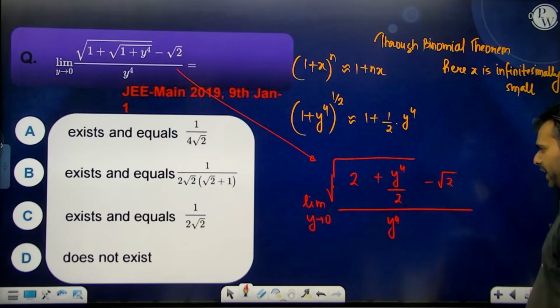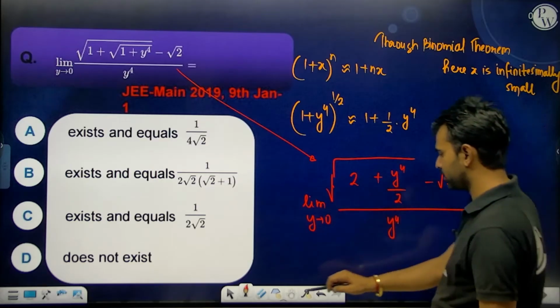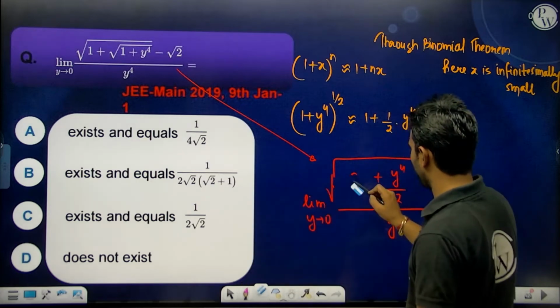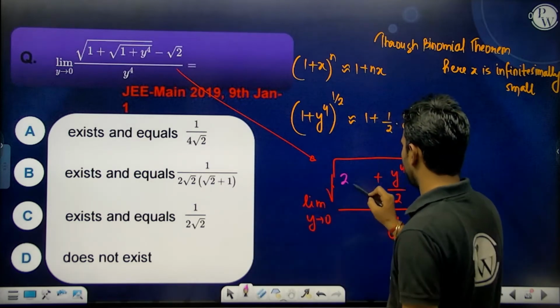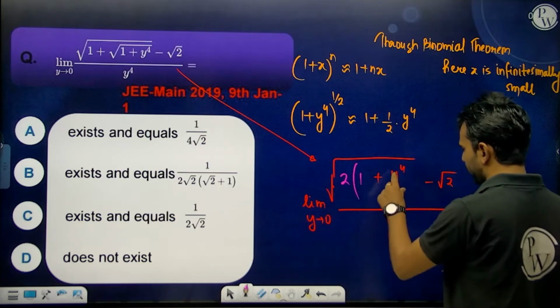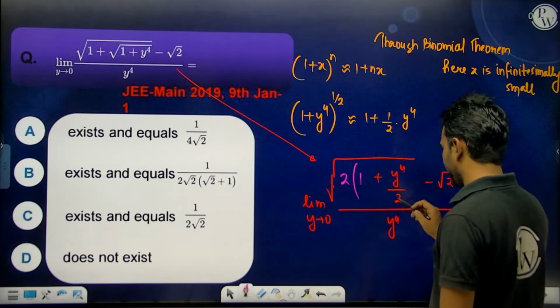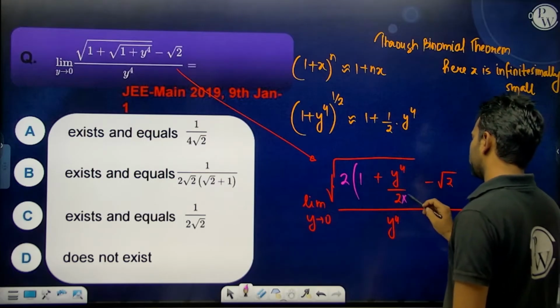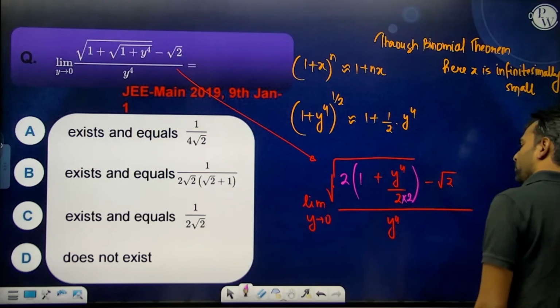If you take root 2 common from both of these things, if you take 2 common from here, then over here 1 will remain, and from here also if you take 2 common, then over here something like this is going to come. Yes or no?